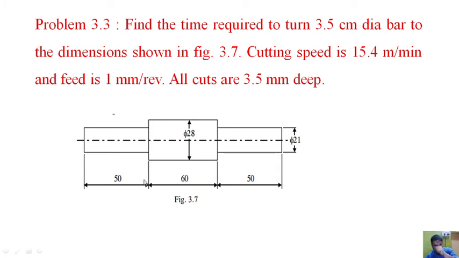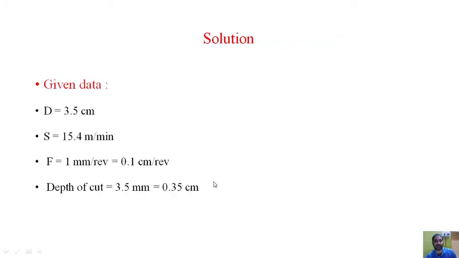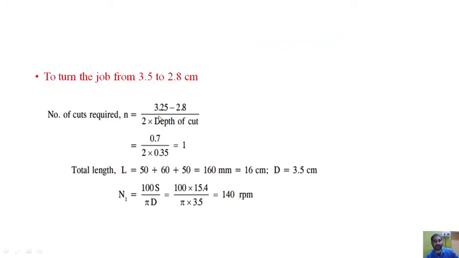So the total length of the workpiece in the first operation will be 16 centimeter. 3.5 minus 2.8 is 2 times the depth of cut, so the number of cuts required for this is 1. Total length is 50 plus 50 plus 60, 16 centimeter.